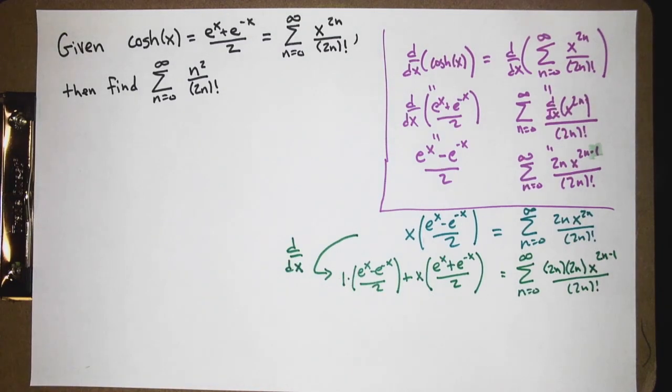Okay, we're close. We're really close. What can we do now? Do we have the n squared? Yes. There's other stuff, but we have the n squared, so we don't need to worry about more derivatives. Okay, so now that we have our n squared, are we ready to pick a value for x?